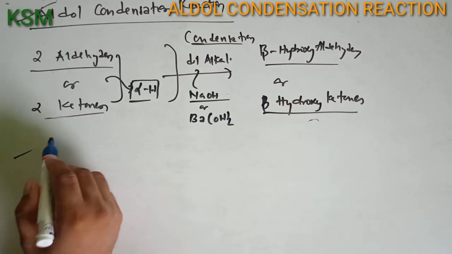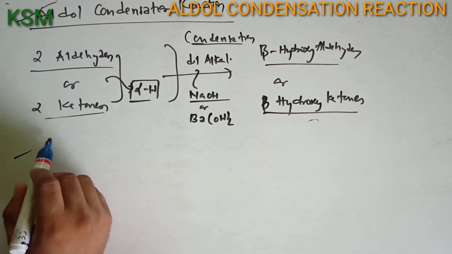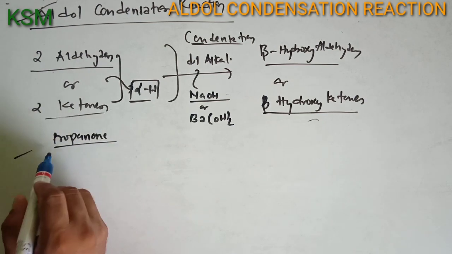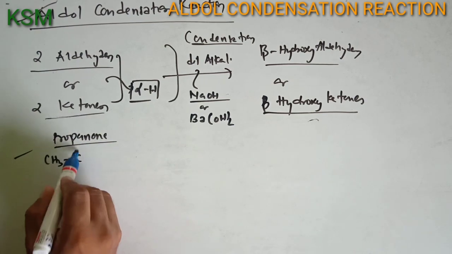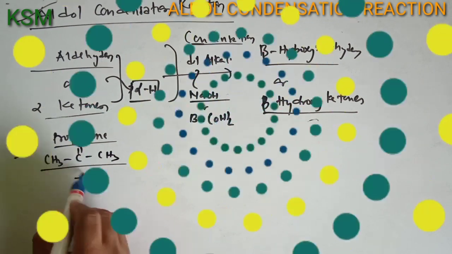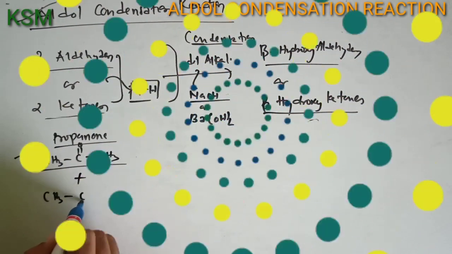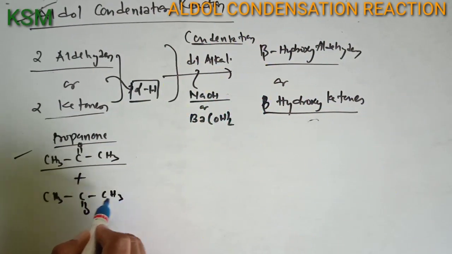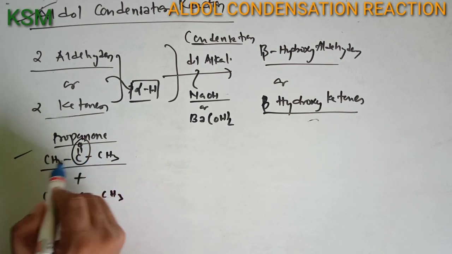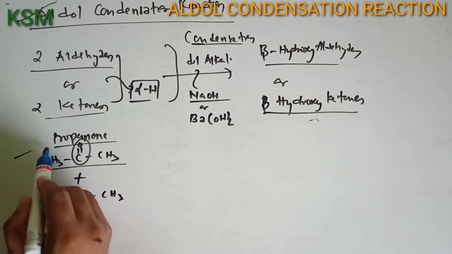Let's see another example in case of ketone. Here I am taking propanone. The formula of propanone is CH3, C, double bond O, CH3. So two molecules of propanone are taken, CH3, C, double bond O, CH3. In this case also we can observe that this is the alpha carbon, and this alpha carbon has alpha hydrogen atoms.